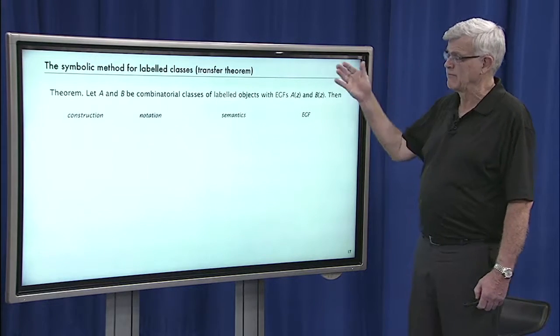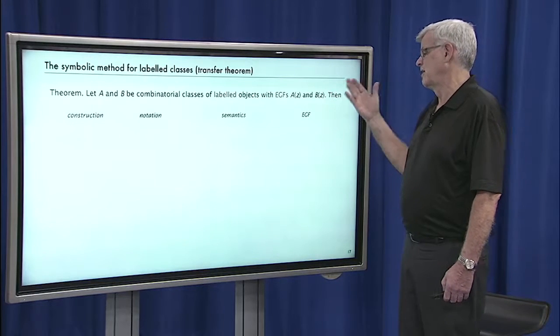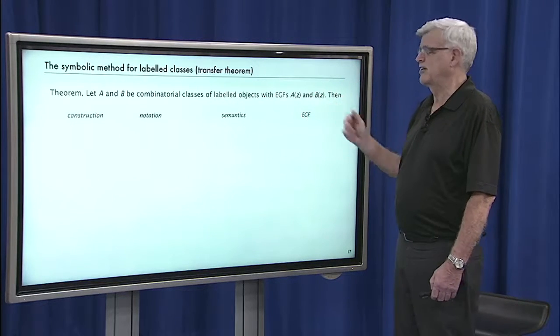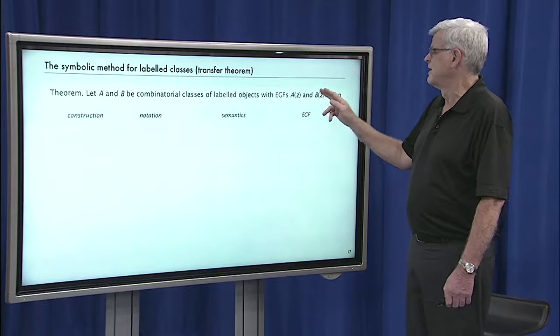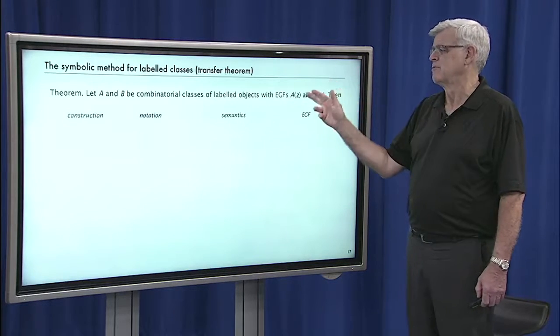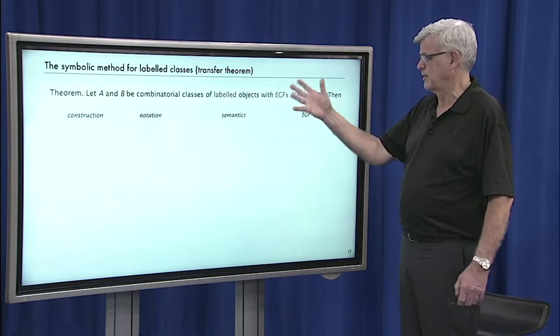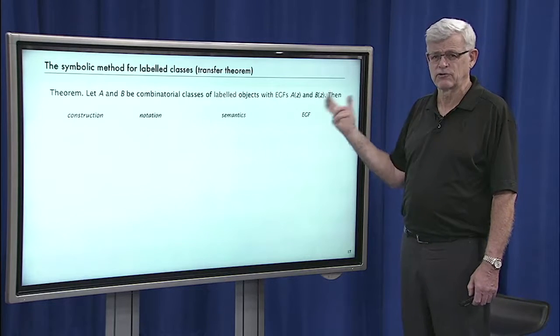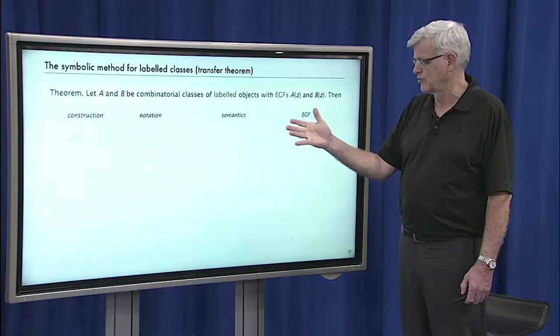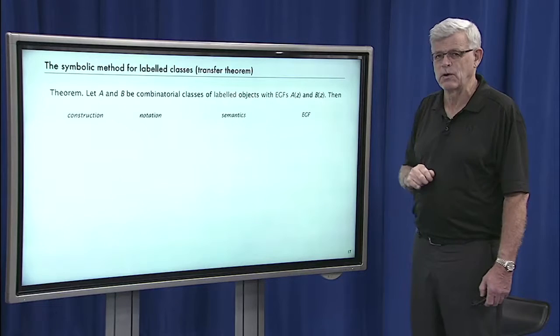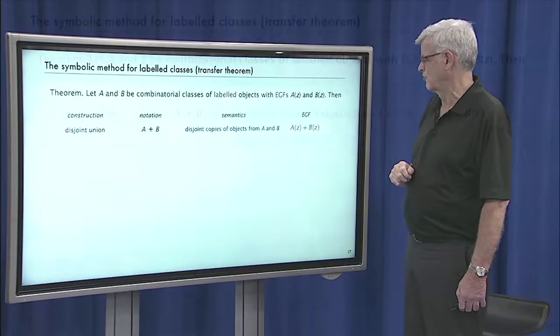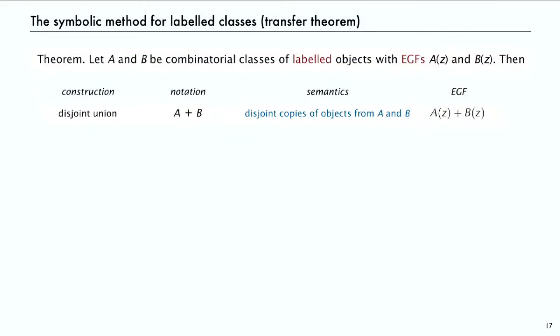More important, we have the symbolic method, which says that if we have the exponential generating functions, A of z and B of z, for the combinatorial classes that we're using as part of the construction, then the construction immediately gives us an equation for the exponential generating function. Same as for unlabeled.